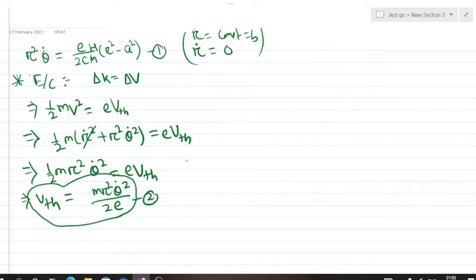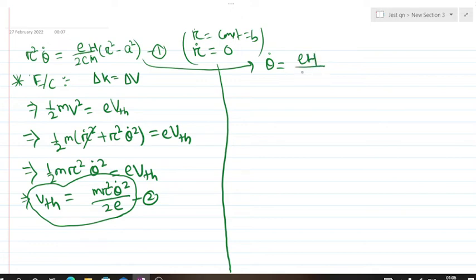Okay, and we have to take theta dot from here. Theta dot is equal to e H divided by 2 c m r square into r square minus a square.